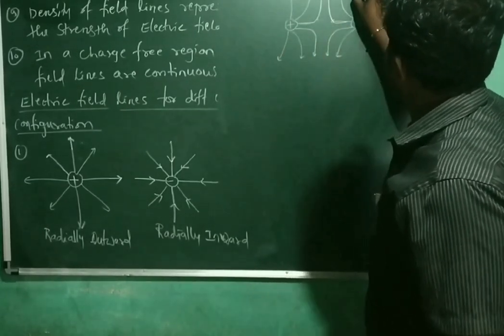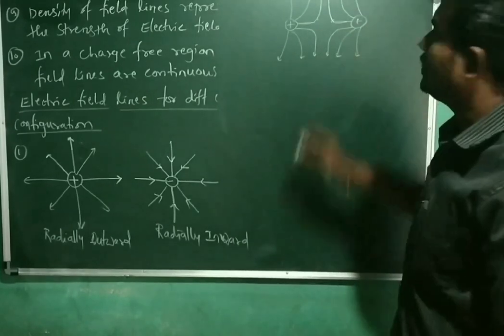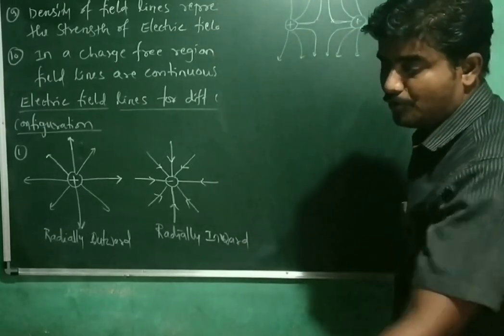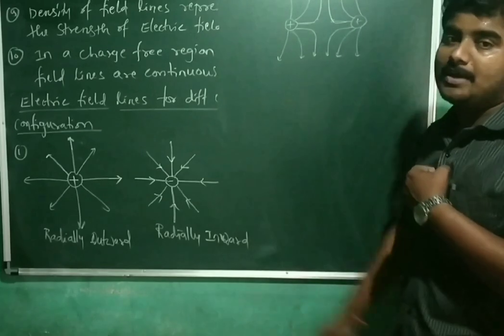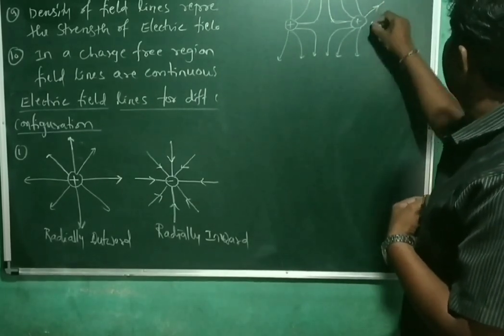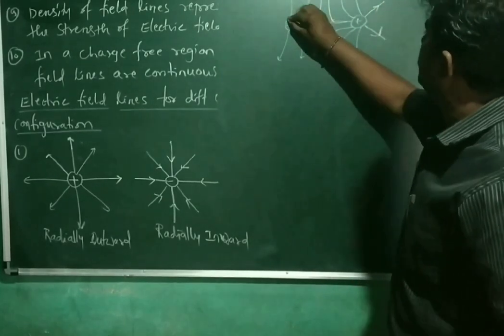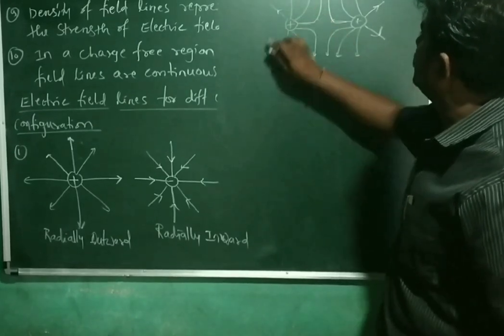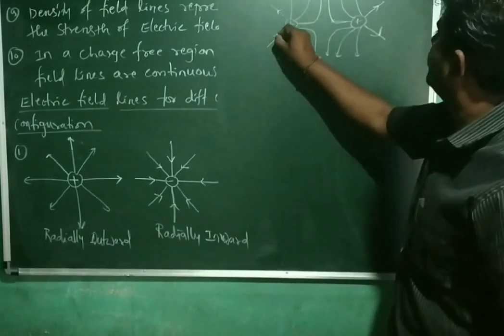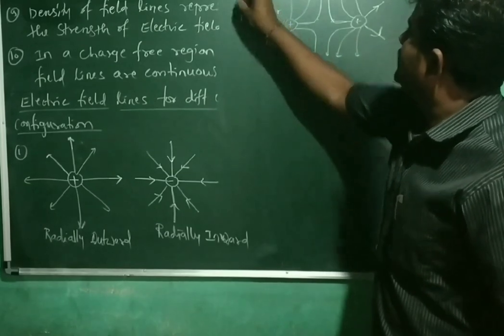And electric field lines should not touch each other, because according to the properties of electric field lines, they never intersect each other. So this is for similar charges.